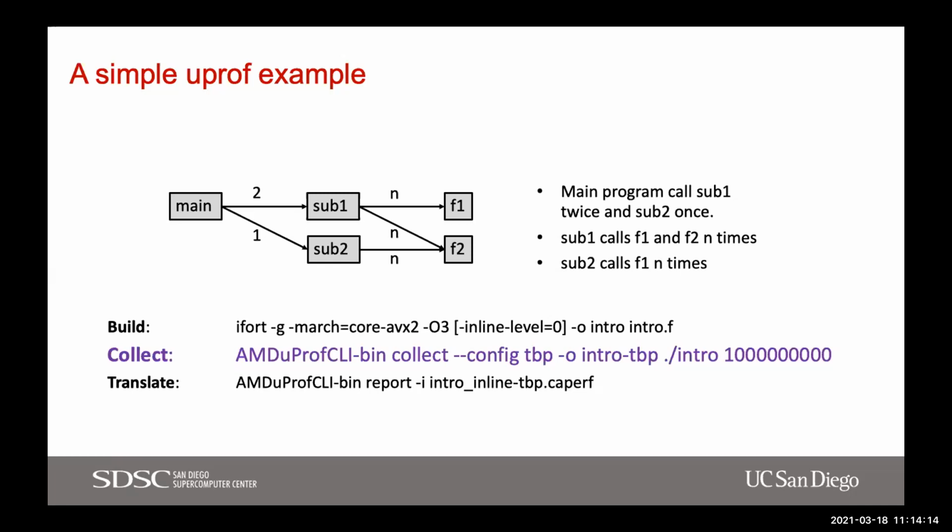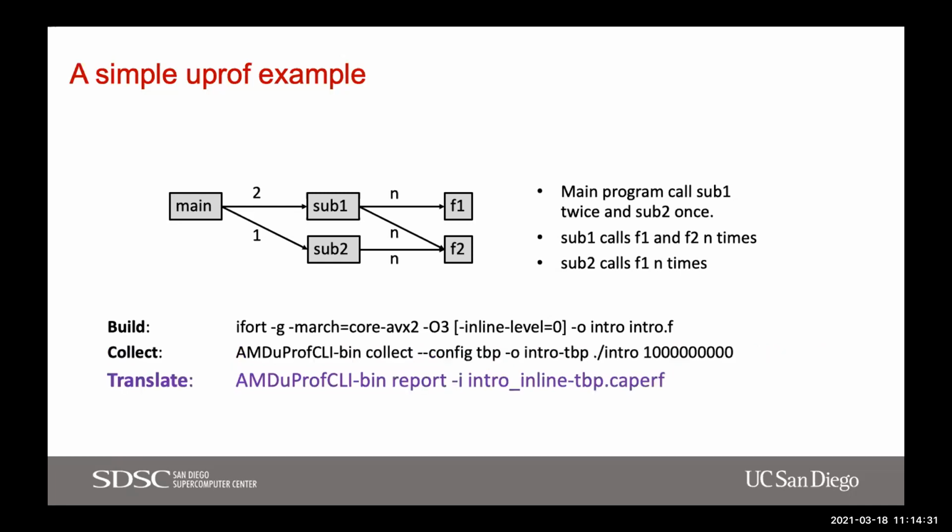And now I'm just going to execute my binary the way I normally would, ./intro. I'm going to pass a value of n of 1 billion. So I'm going to be working on arrays of size 1 billion. And then finally, the translate phase, where I'm going to take the output of the collect phase and generate something a little more useful.